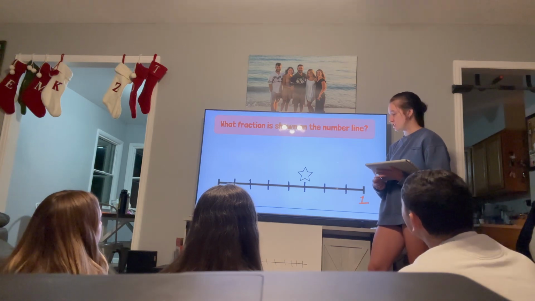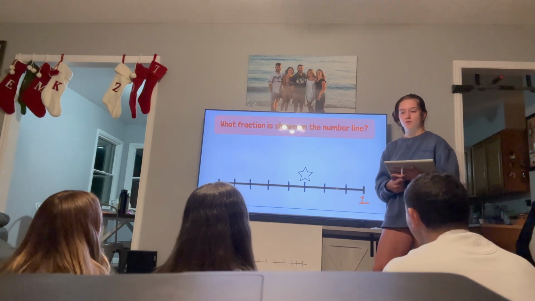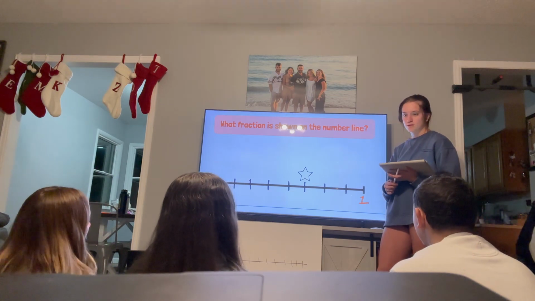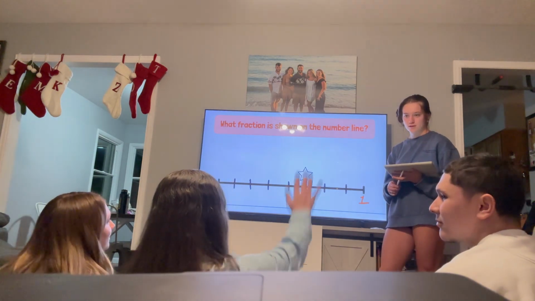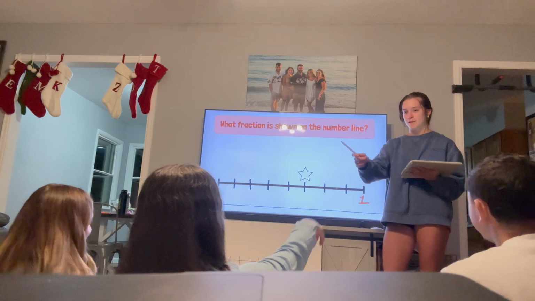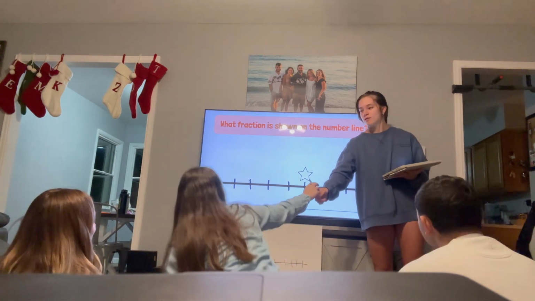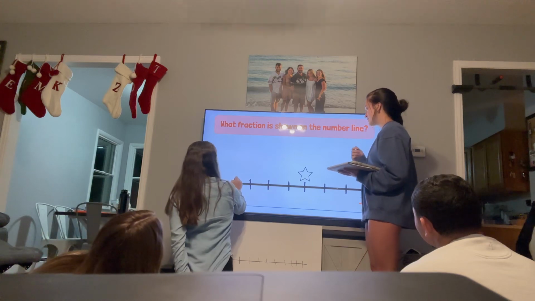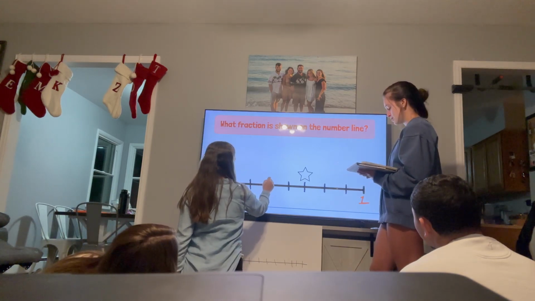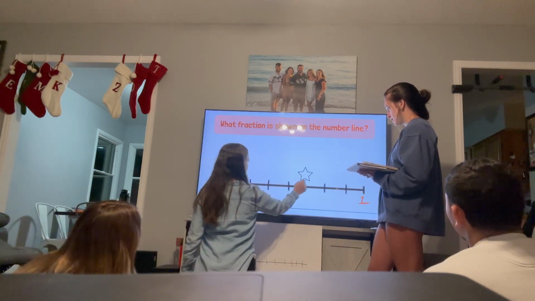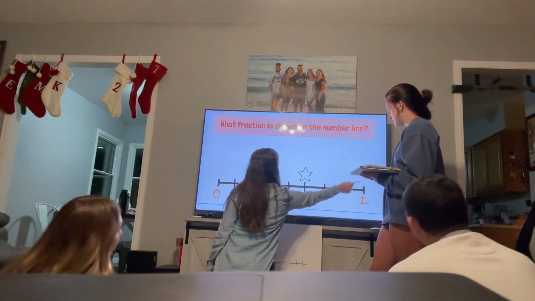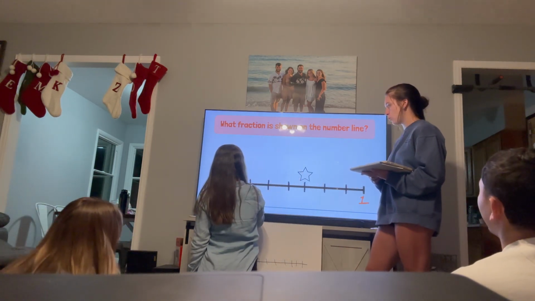Okay, now what fraction is shown on this number line? Raise your hand if you want to try it out. Jen? Come up and try it out. We have 1, 2, 3, 4, 5, 6, 7, 8. So you have 8 ticks in a whole.